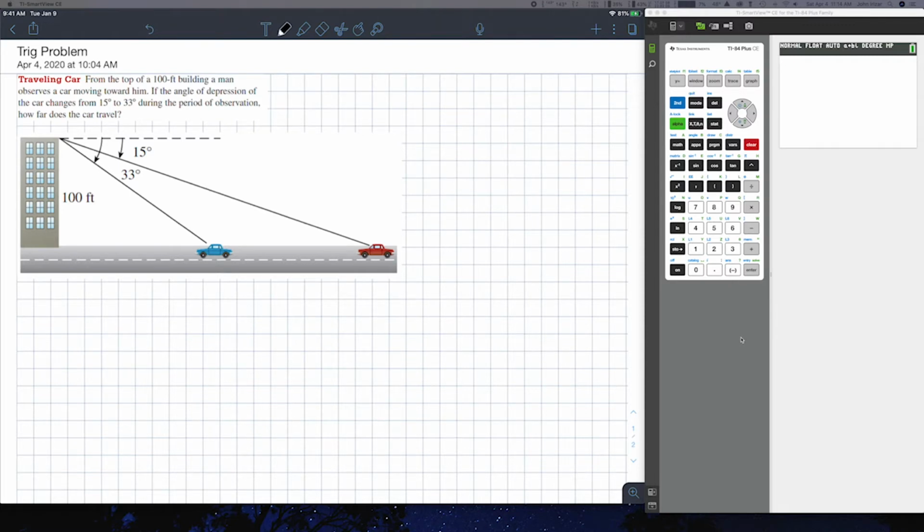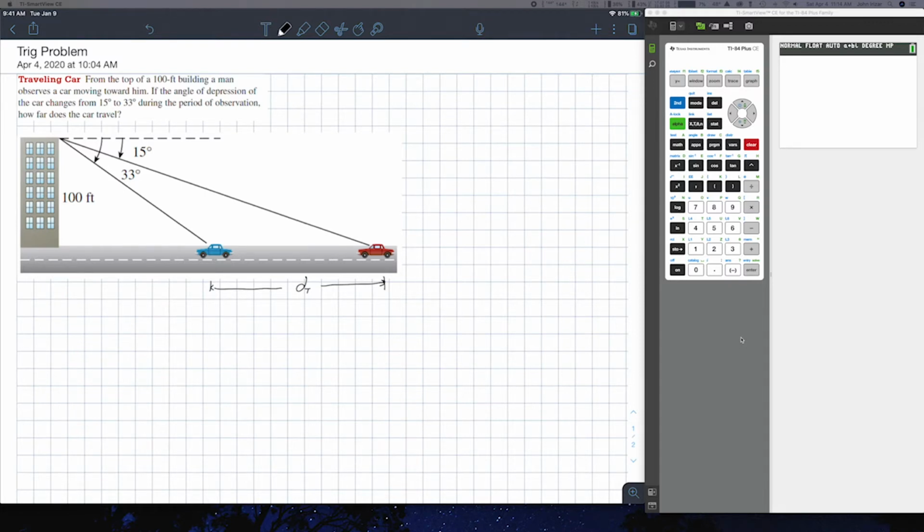So to start, we need to figure out how much the car traveled from this point here to this other point here. And I'm going to call that d sub t for total distance or distance traveled.